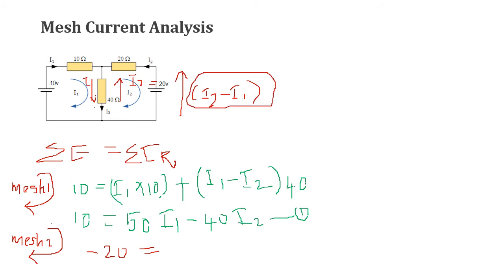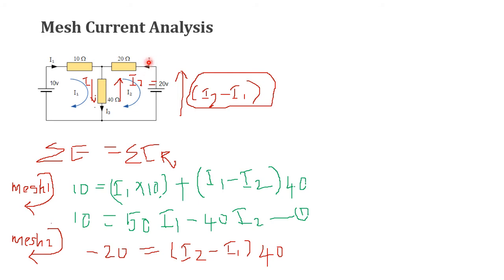Therefore the current I2 minus I1 into 40 ohm.